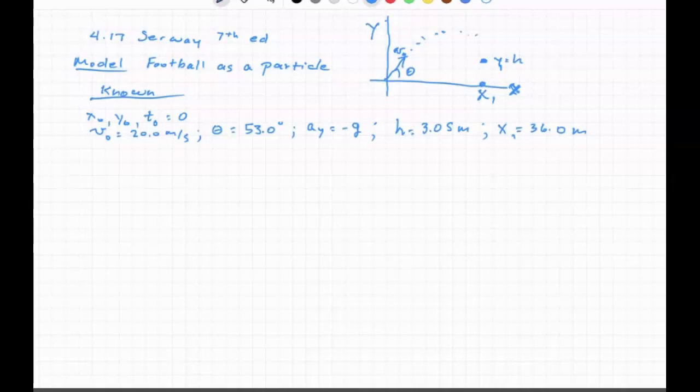So what do we want to find? Well, part A, we want to find what is y1. Is it greater than h or less than h?